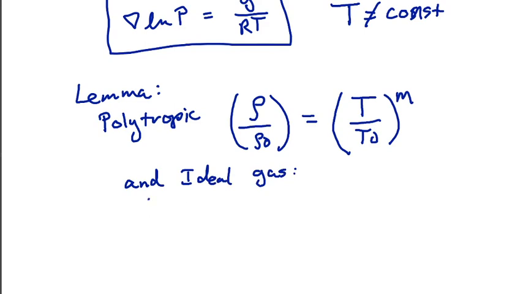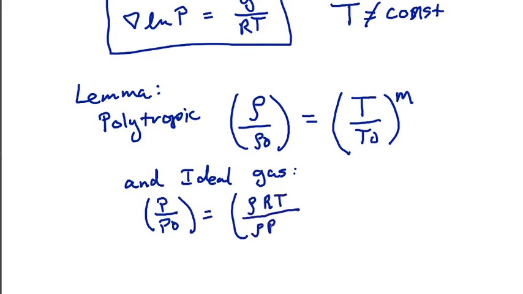So P over P naught is equal to rho R T divided by rho R T at the naught values. We're assuming that R, the gas constant, is constant, namely, that the gas is the same everywhere in the atmosphere, the same mixture.